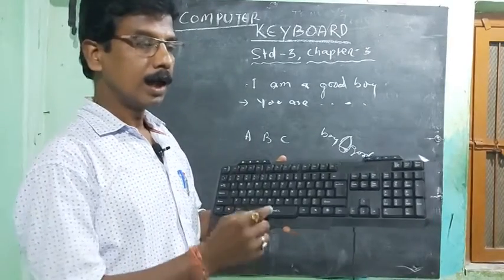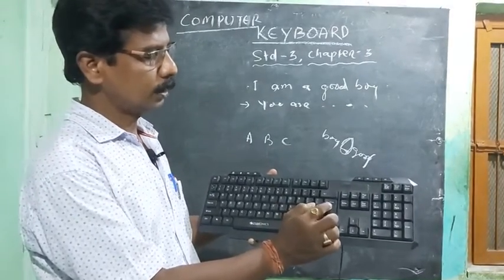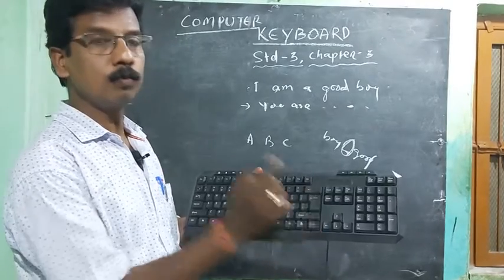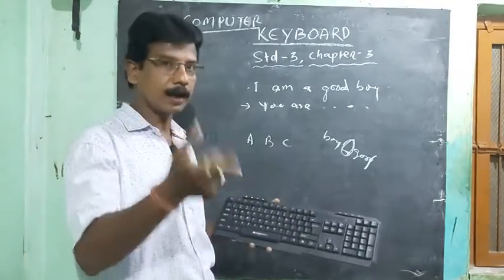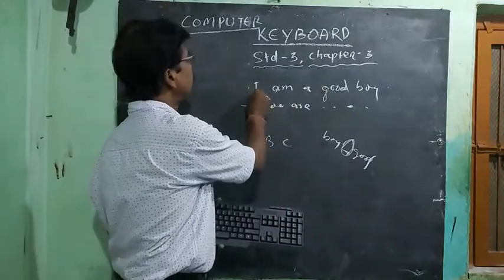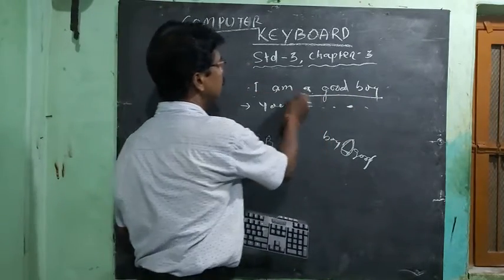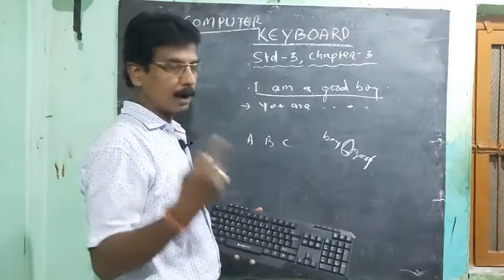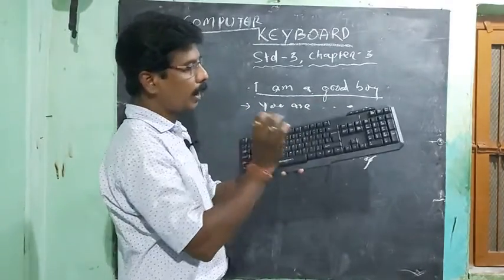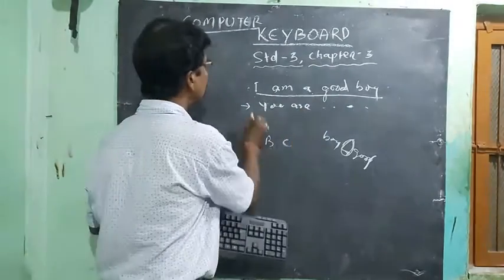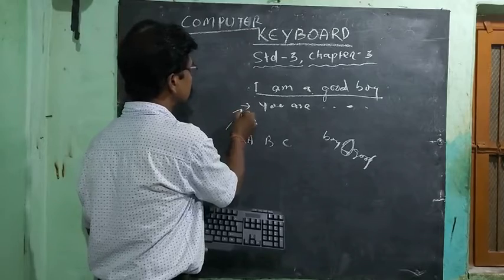Then the enter key. Enter key means to move from one line to a second line or third line. Suppose you have written I am a good boy. It is the first line. When you write the second line, you press the enter key, and the cursor goes here. This is the cursor.